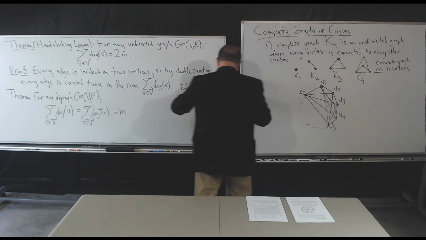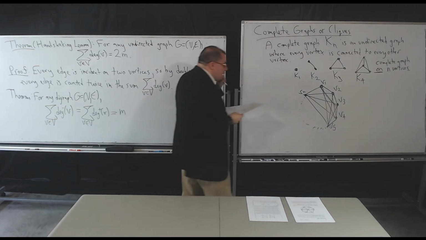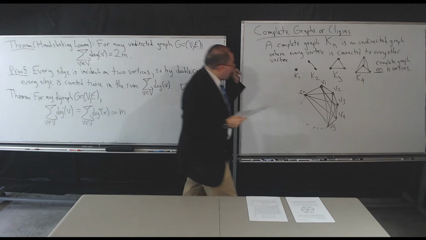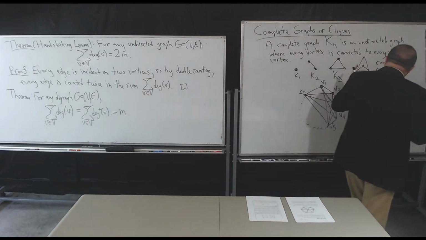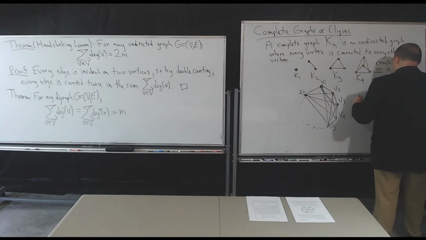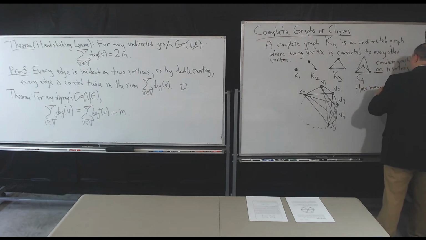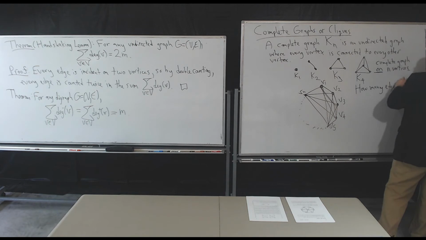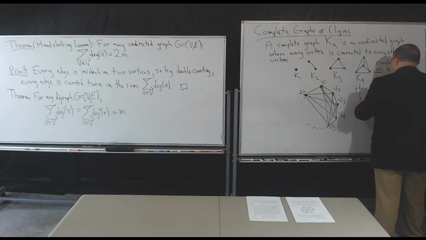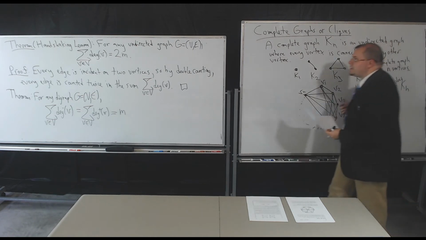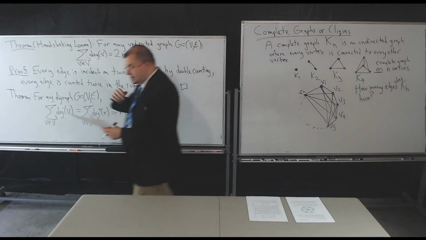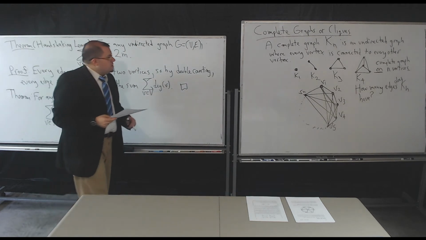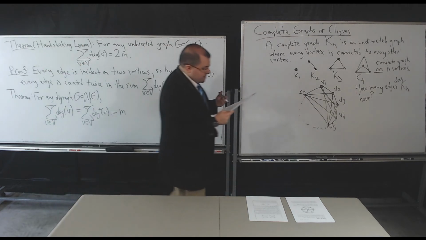Got it? So I want to ask you a very basic question. Actually it's not really, I will explain why it's basic. So I want to know how many edges Kn has. So I want to know how many edges the complete graph on n vertices has. So I want you to think about this.